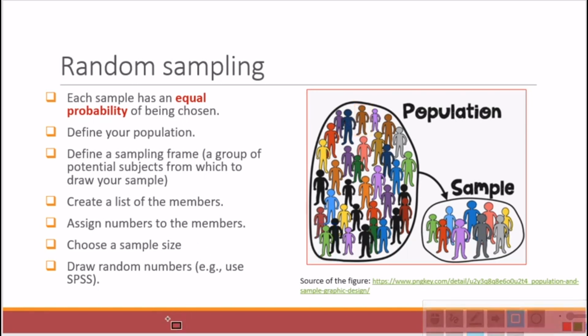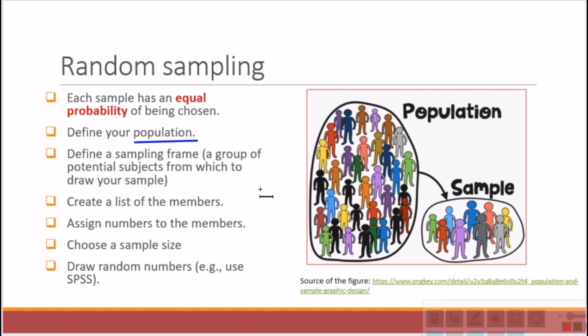In order to do random sampling, the first thing you need to do is defining your population. For example, my population might be English learners who are based in China, or Chinese as a second language learners who are in Singapore or who are in China, or who live in Malaysia.